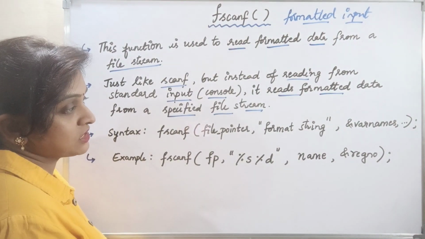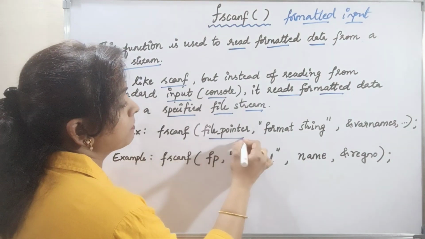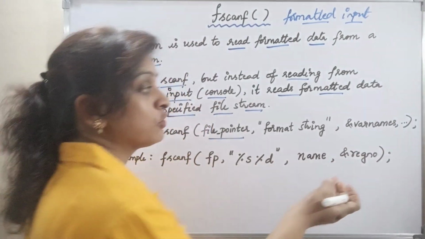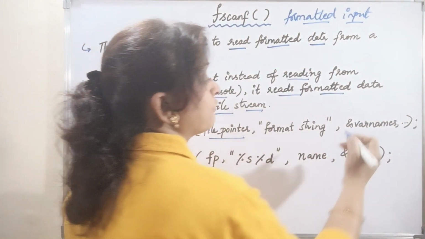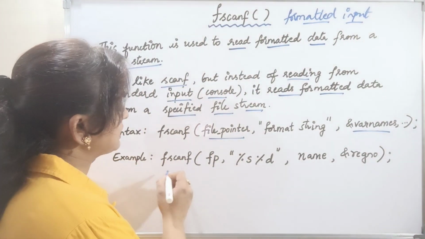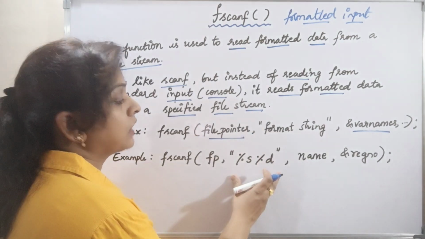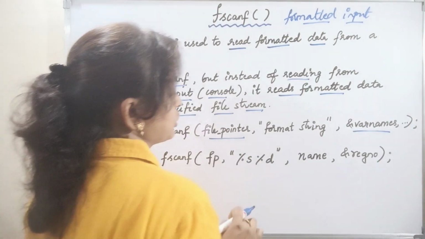So how to use this? Let us see the syntax. We have fscanf followed by a file pointer, within double quotes the usual format string, and we have to use the ampersand to scan the formatted data from the file, ampersand variable name. For example, fscanf with the file pointer name fp, within double quotes the format specifiers %s, %d.